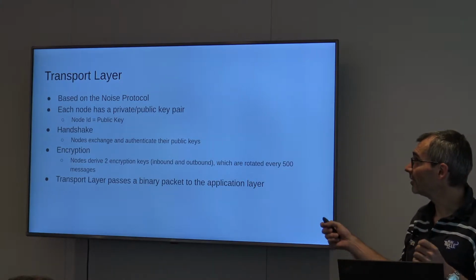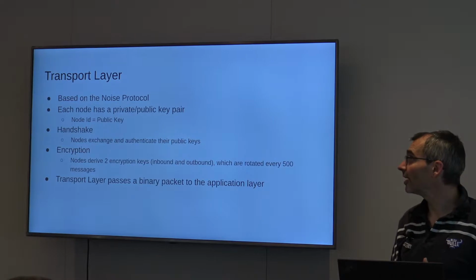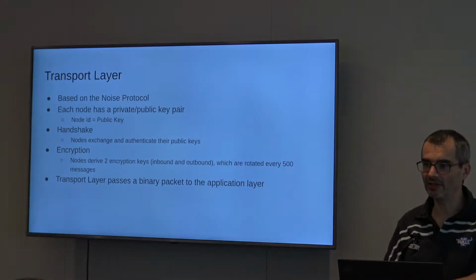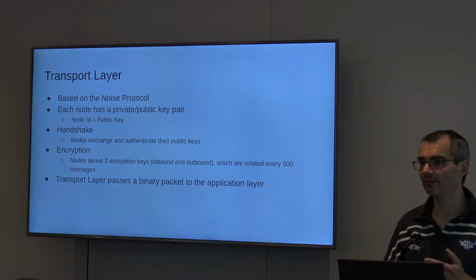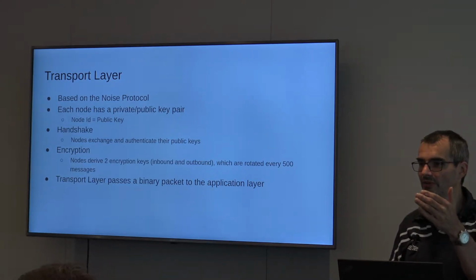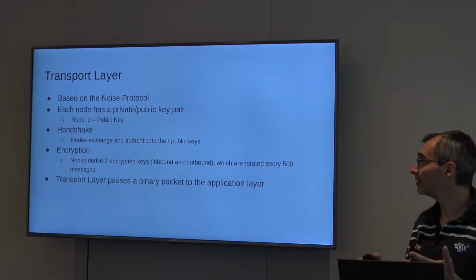So the transport layer has been described this morning. It's based on Noise. Each node has a unique private/public key pair. The node ID is your public key. There's a handshake phase in Noise, so you authenticate that the node you're trying to talk to is actually the node that knows the private key of the public key it's using as an ID.